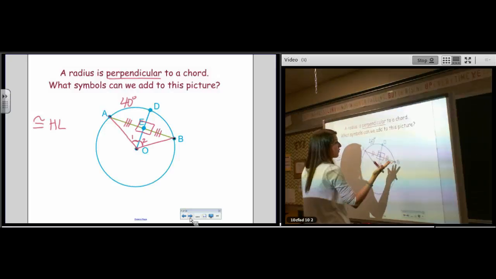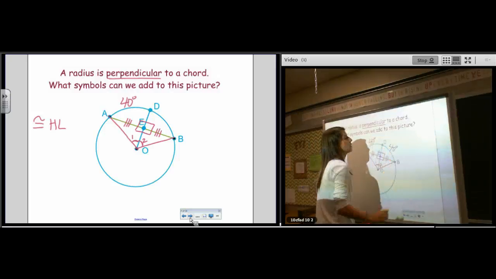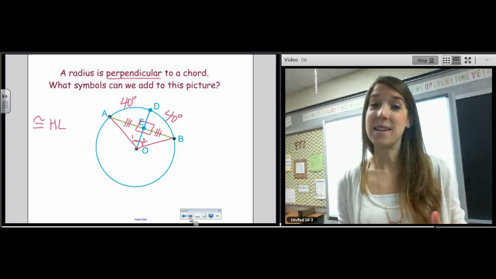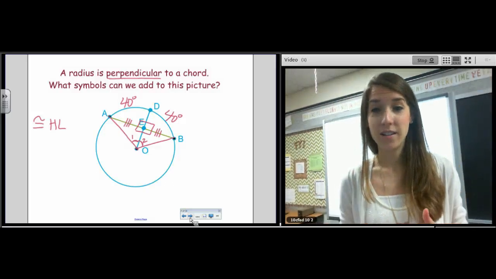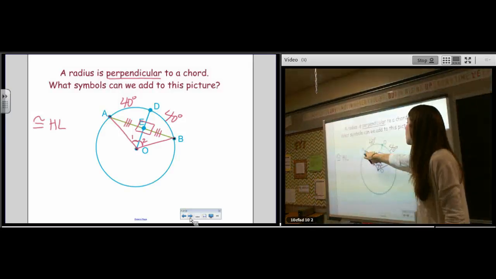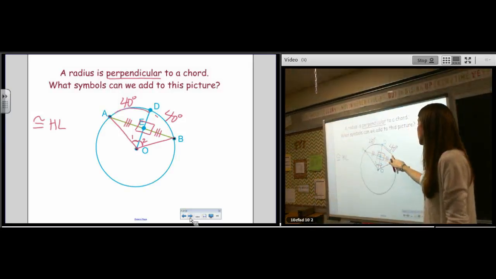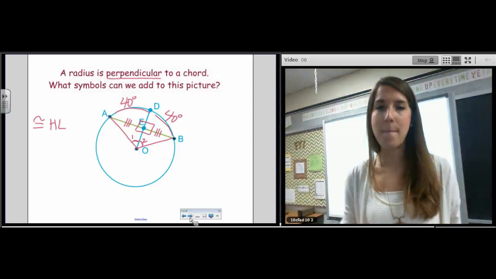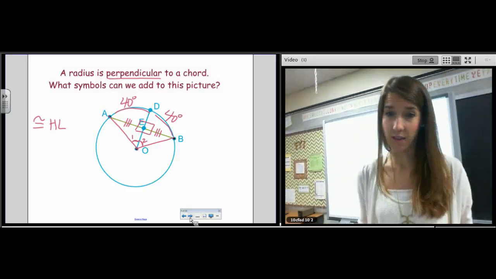If angle 2 is a 40-degree angle, then arc DB is a 40-degree arc. So when a radius is perpendicular to a chord, then those arcs that are intercepted, arc AD and arc DB, are also congruent. They are the same measure and therefore the same length.